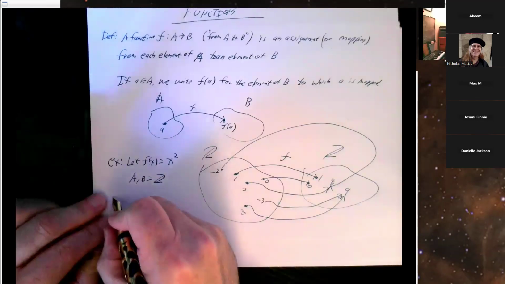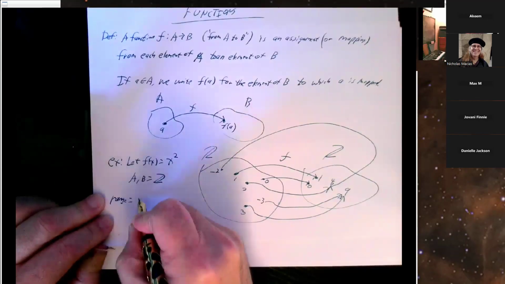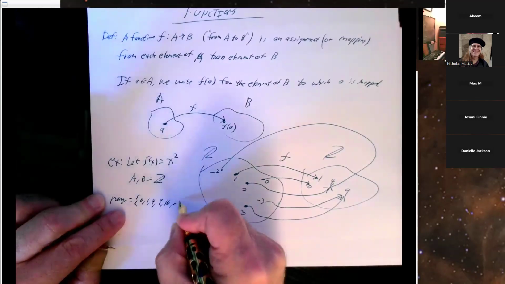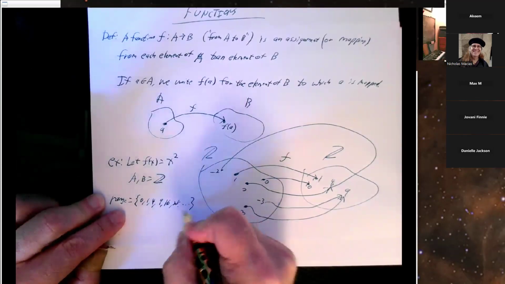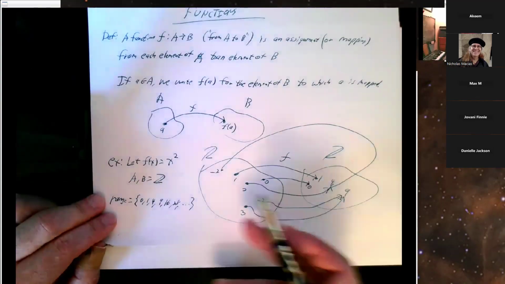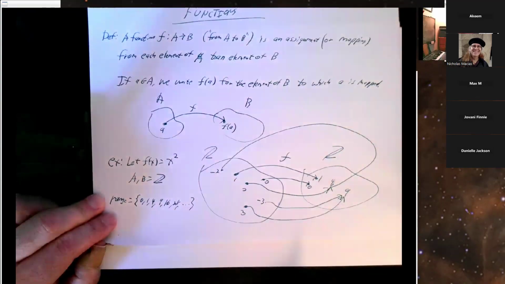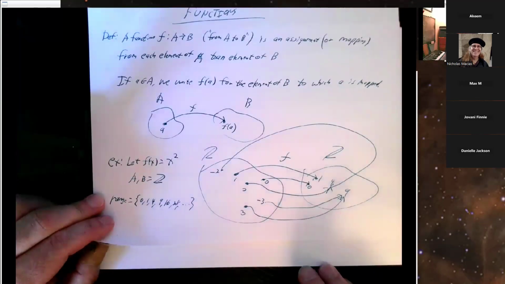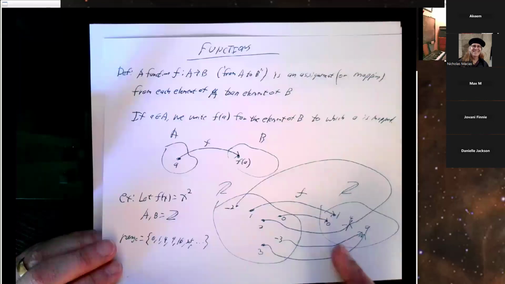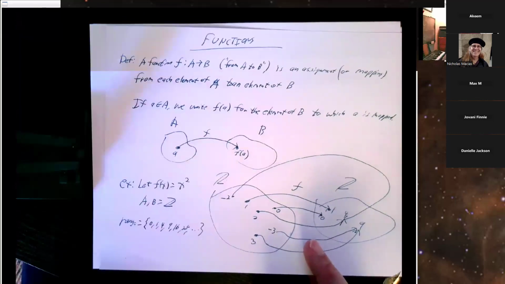So the range would be the set 0, 1, 4, 9, 16, 25, and so on. It's the set of things that are the image of something in A. Is it making sense?